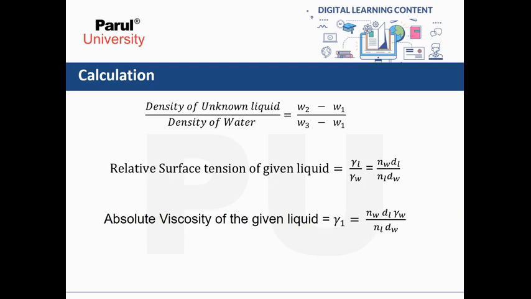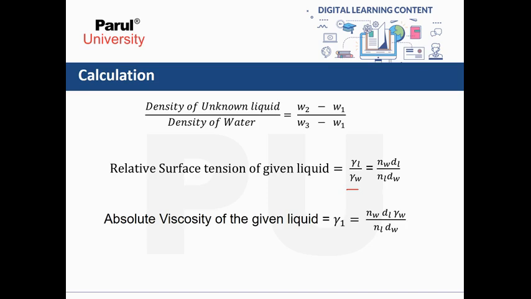The ratio of density of unknown liquid to density of water is W3 minus W1 upon W2 minus W1. With this ratio of density of liquid and water, we can find out the relative surface tension of the liquid, that is gamma L upon gamma W, which is equal to NW upon NL into DL upon DW, that is density of liquid upon density of water.